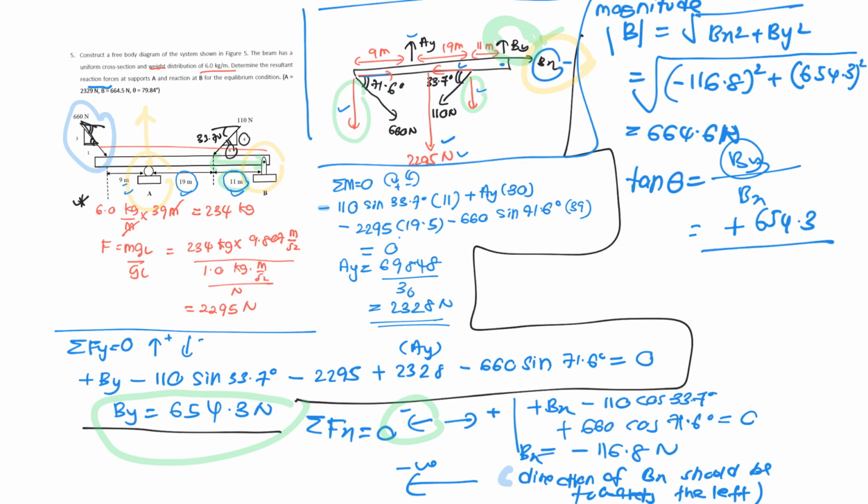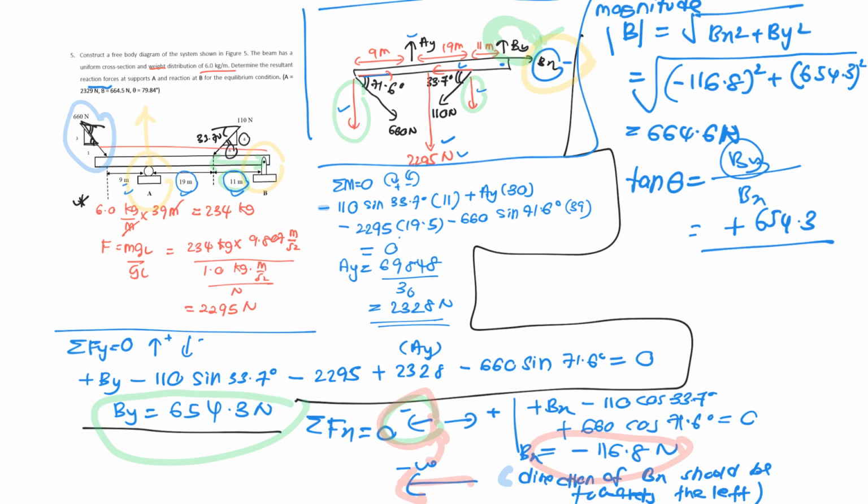I get negative, which means that my assumption to the right was wrong. So when I get negative, it should be to the left. And left, I assume here, is negative. So I need to put at the tangent the true direction with the correct sign. I repeat.